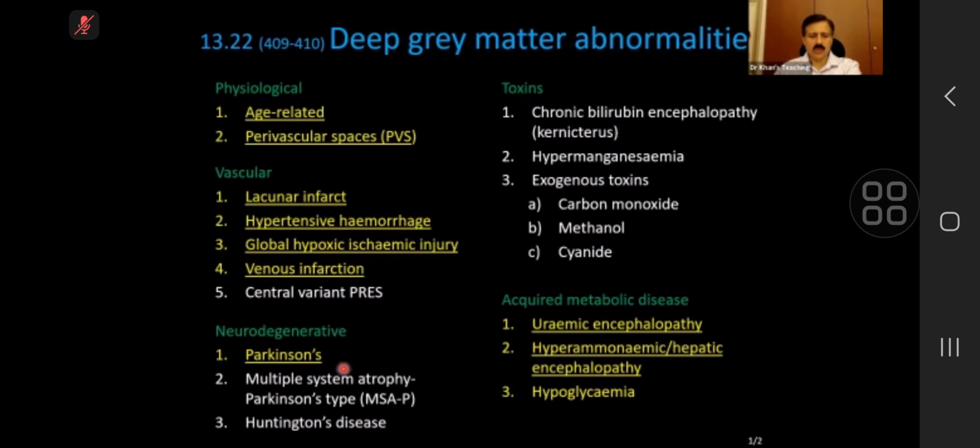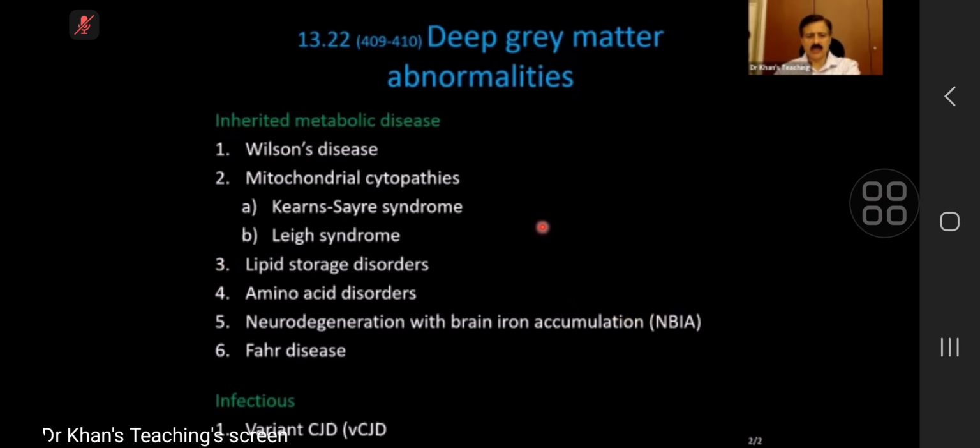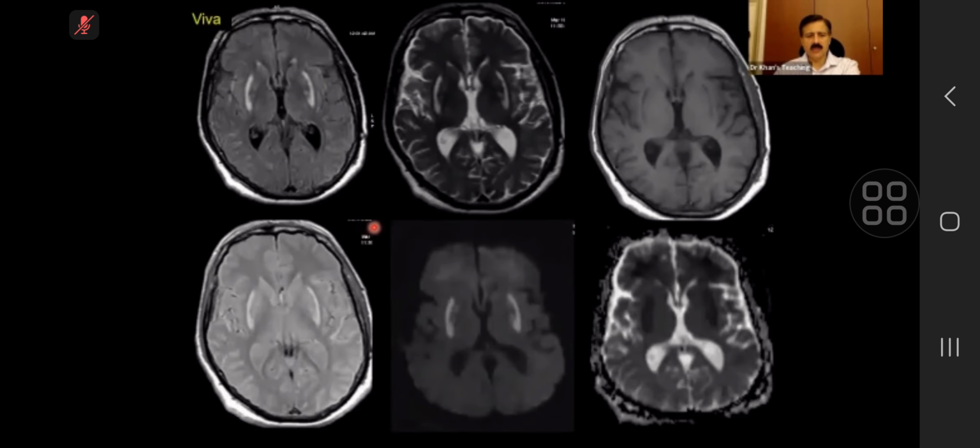Nobody is going to ask you neurodegenerative in FRCR, but otherwise, these things, particularly carbon monoxide, should be up there in your list. And similarly, some of these are luckily not for your FRCR, particularly the pediatric ones here. So you should at least remember a few which we have taught.